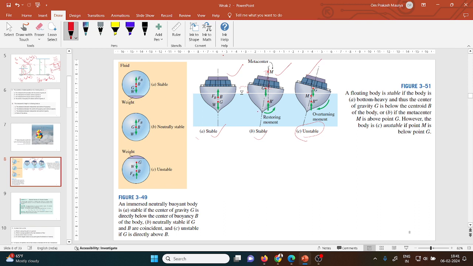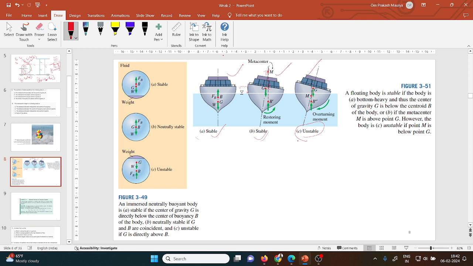If your metacenter is above the center of gravity, it is the stable condition. Now in case of unstable, if the force from this side is much, your body will have an overturning moment. Your metacenter will sit below your center of gravity.